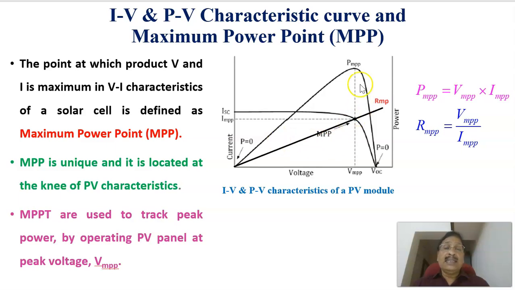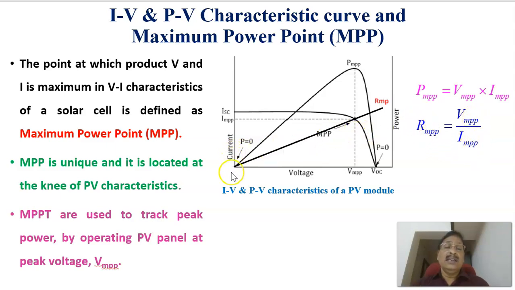Now, the resistance at maximum power can be obtained by drawing a straight line from the origin to this point at the knee point. This is called the knee point of the VI characteristics, and the product gives the power. This represents RMPP, which is equal to the maximum power point voltage VMPP divided by the maximum power point current IMPP.